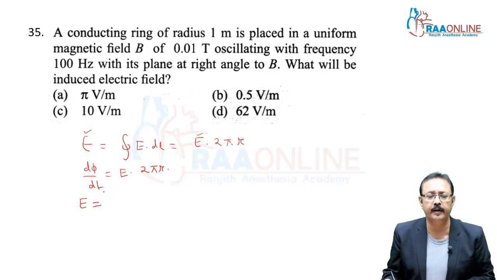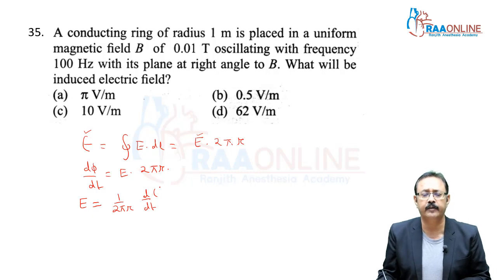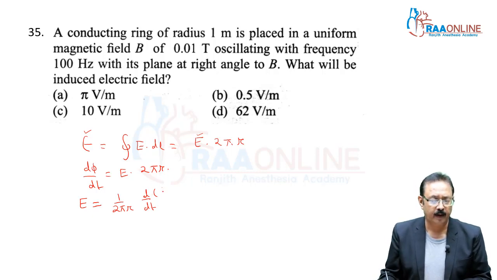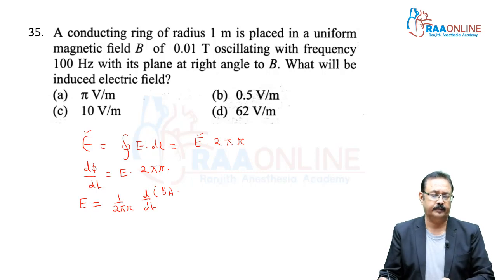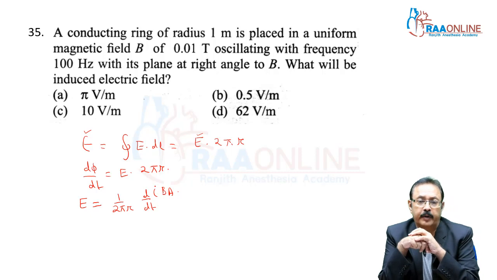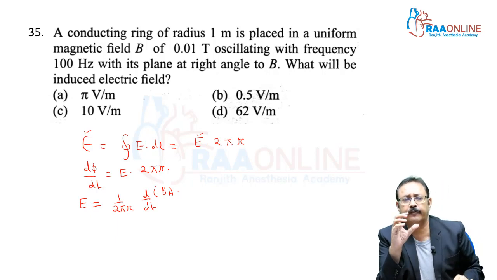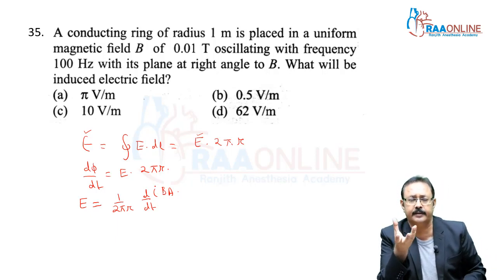What is the value of E? It is 1 upon 2 pi R, d phi by dt. Phi is given, B into A. So how to calculate d phi by dt? One more thing is given, that the frequency is 100 hertz.